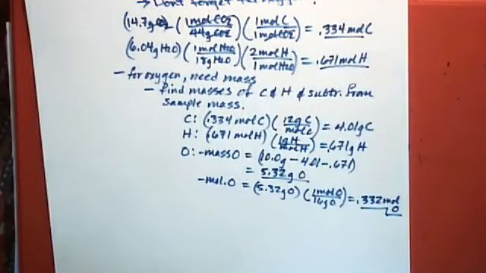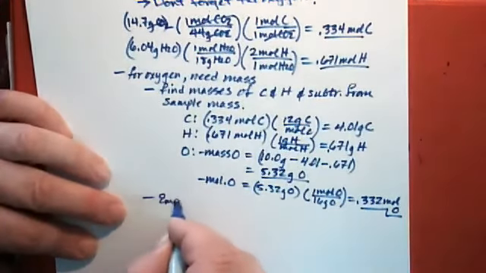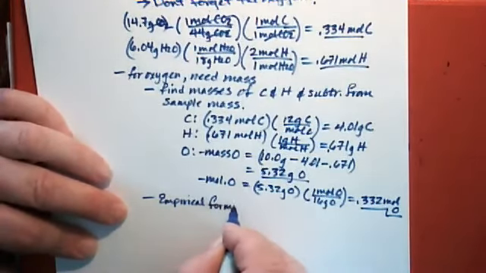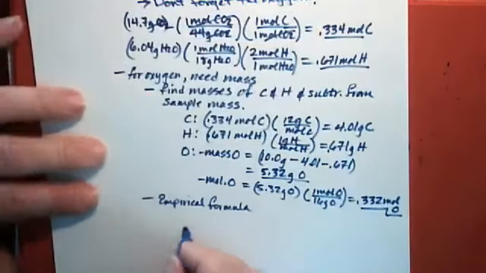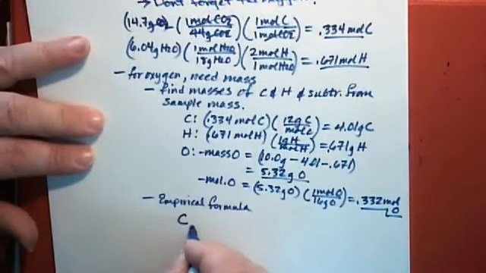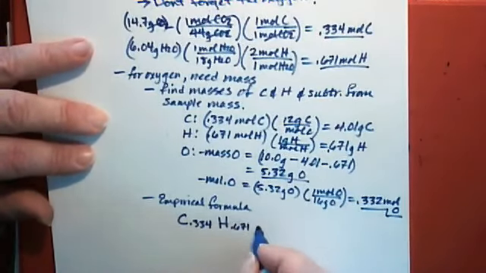Okay, so now we can come up with the empirical formula, in which we use moles of one element to moles of another. So we have carbon, 0.334 moles, hydrogen, 0.671 moles, and oxygen, 0.332 moles.